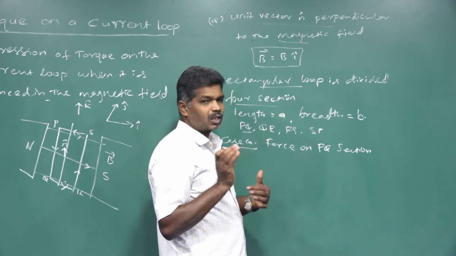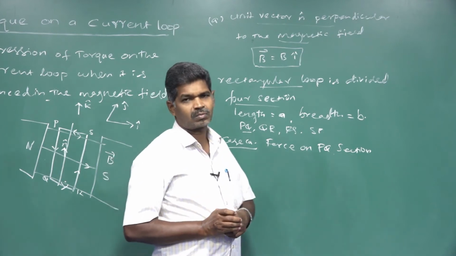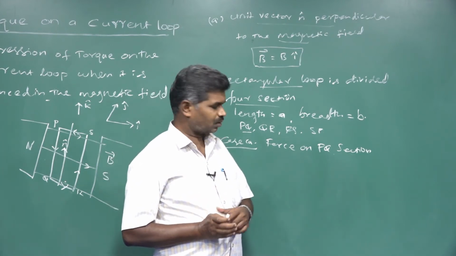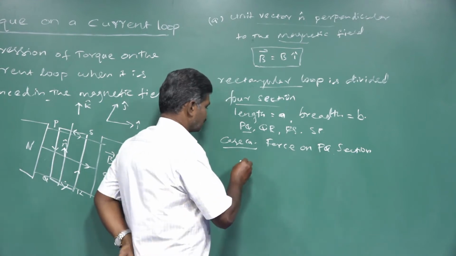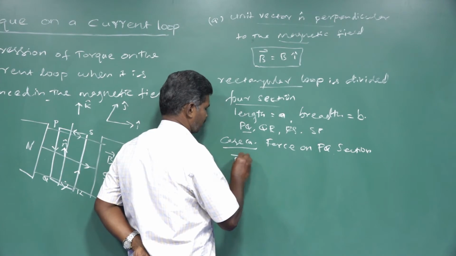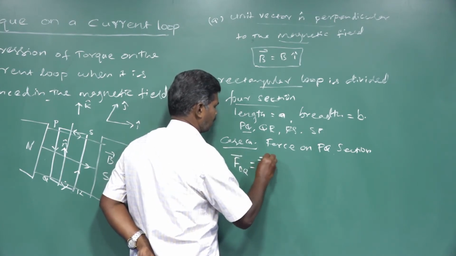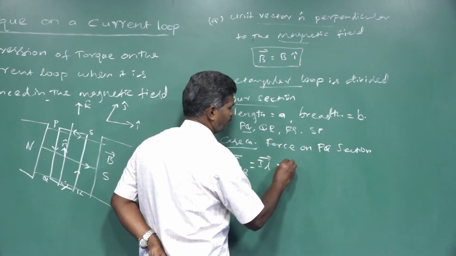According to the Lorentz force, the general formula is F vector equal to I L vector cross B vector. So F PQ vector equals I L vector cross B vector.